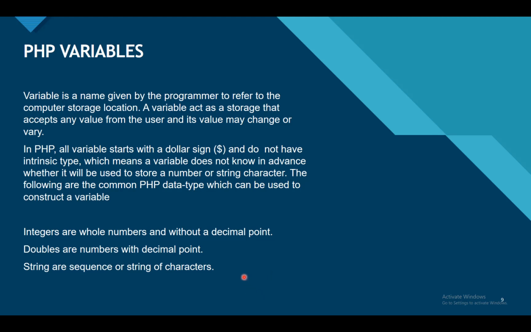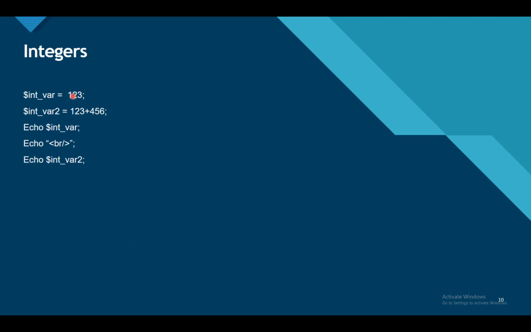The following are the common PHP data types which can be used to construct a variable. We have integers, which are whole numbers without a decimal point, while doubles are numbers with a decimal point. And of course, strings are sequences of characters, like sentences, paragraphs, or phrases.